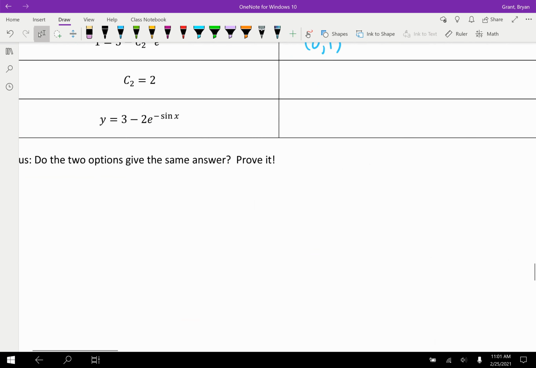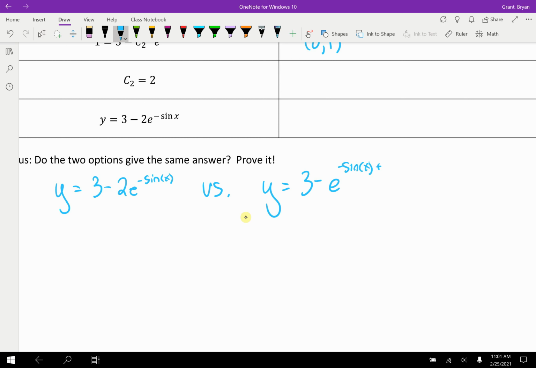Do we even get the same answer? Right? They got y equals 3 minus 2e to the negative sine of x versus ours from part C, we found 3 minus e to the negative sine of x plus the natural log of 2. Are those the same? Well, actually, I think, yeah, they are the same. We clearly see the 3 minus. We can do that same splitty-splitterson thing, right?